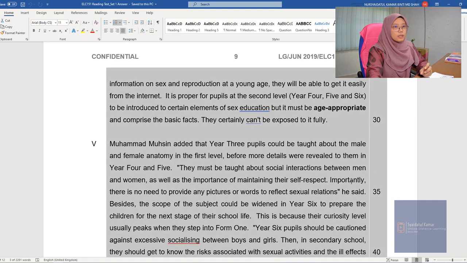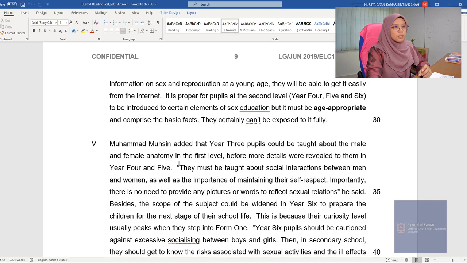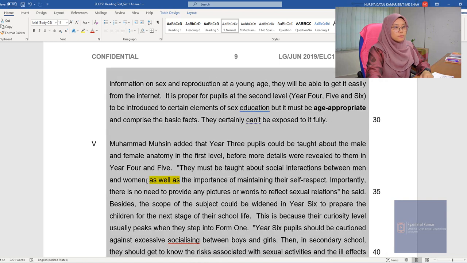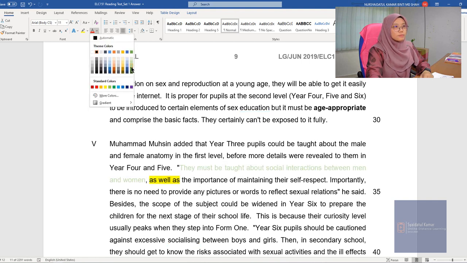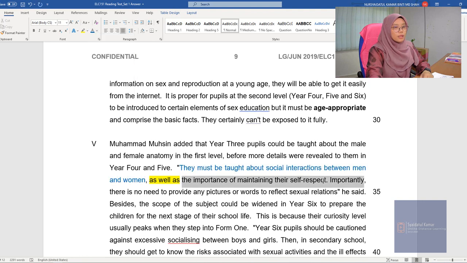So these are the ideas: "They must be taught about social interactions between men and women, as well as the importance of maintaining self-respect." As you can see, the phrase "as well as" here connects these two ideas. This is the first idea, and this is the second idea.